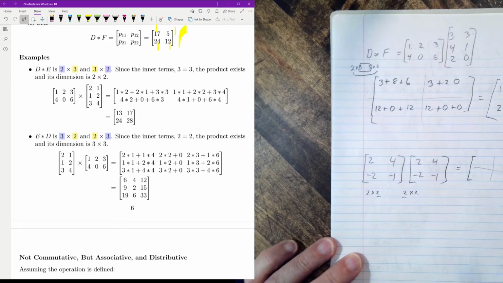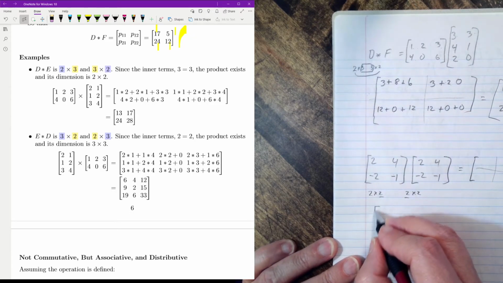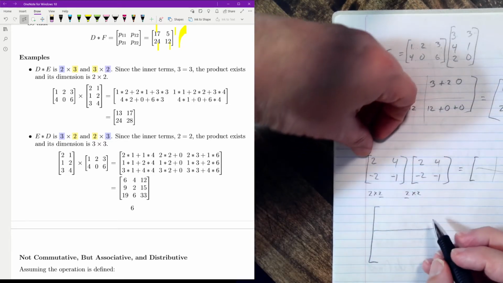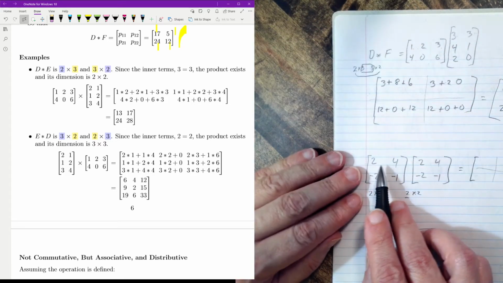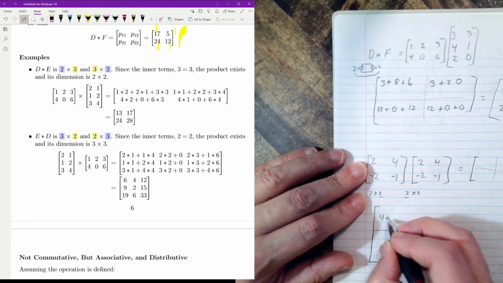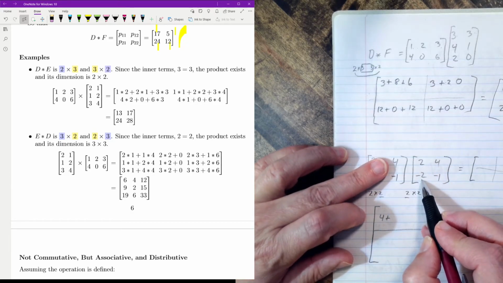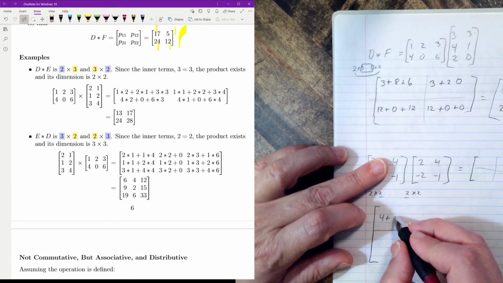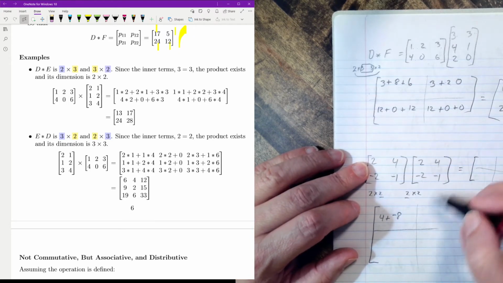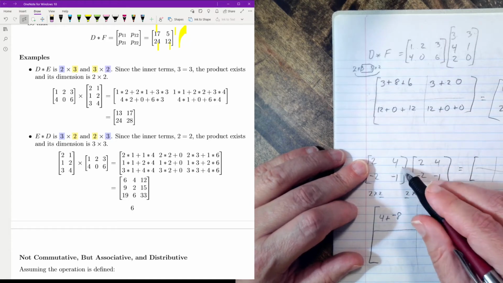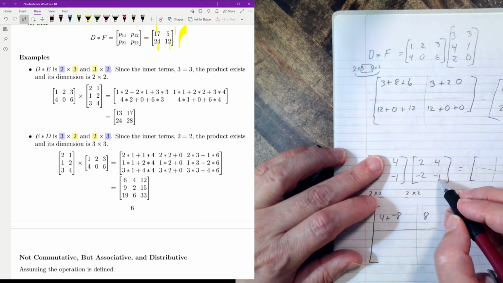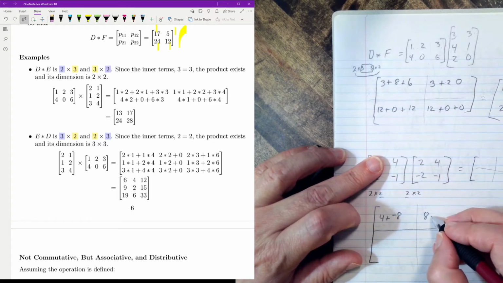Okay? So let's go ahead and do the calculations on this. The first row, first column, 2 times 2 is 4, plus 4 times minus 2, which is minus 8. First row, second column, 2 times 4 is 8. 4 times minus 1 is minus 4.